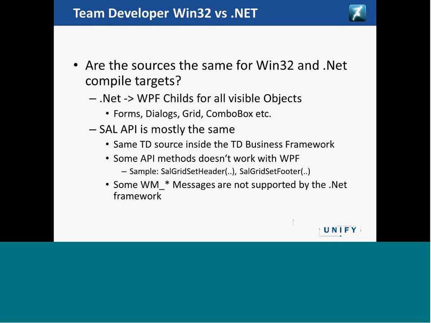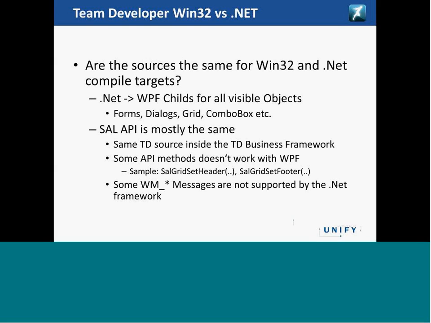But for example, if you do a SAL message box, SAL message box is based on Win32, on our own message box technology. You call the same SAL message box in Team Developer for .NET. Then you get the message box from the .NET Framework.